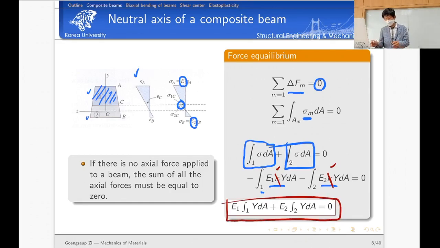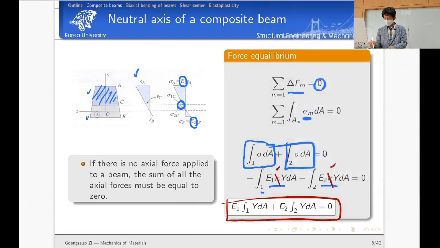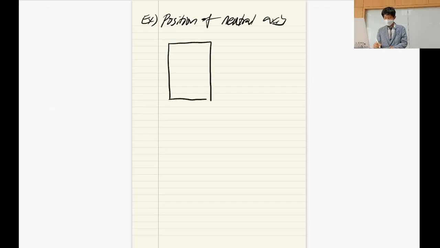Okay. So let's do an example for the calculation of neutral axis. Let's consider a rectangular section. Here I have two different materials, material 1 and material 2.